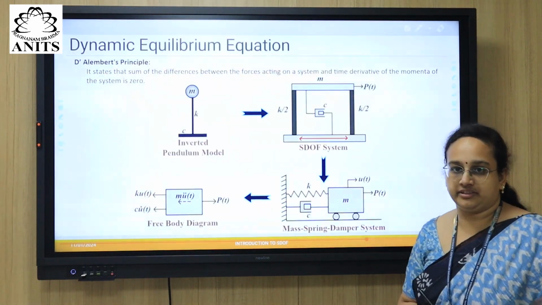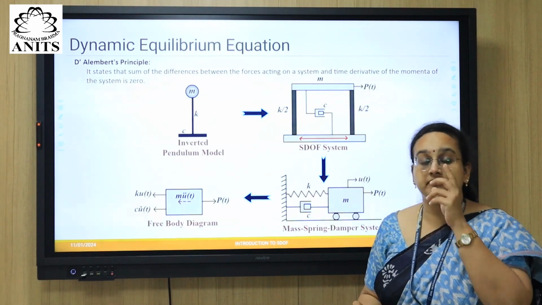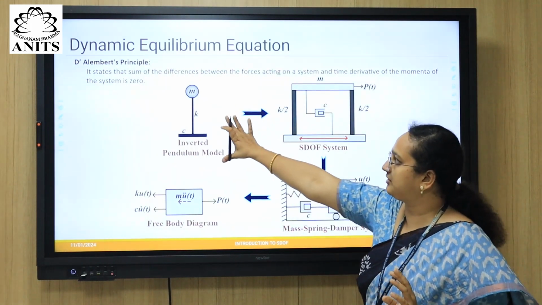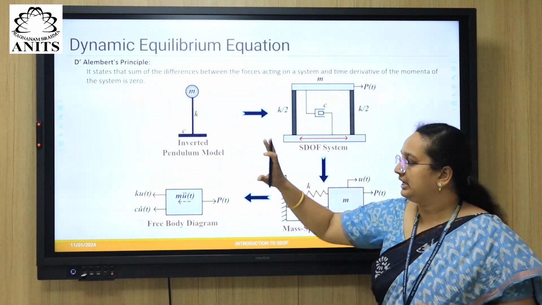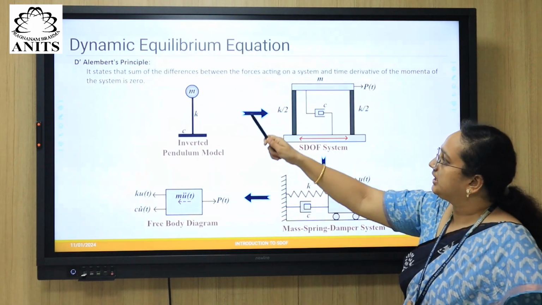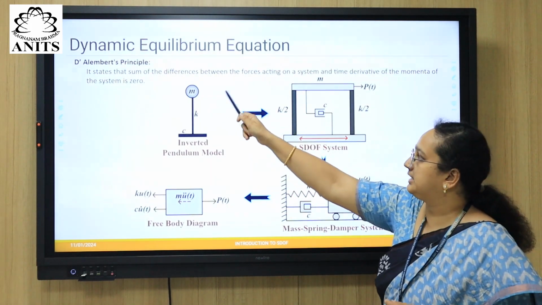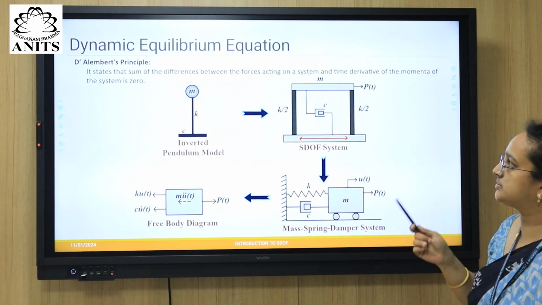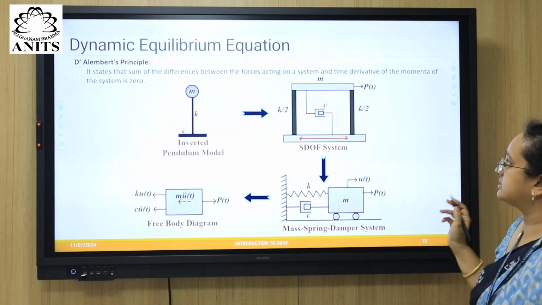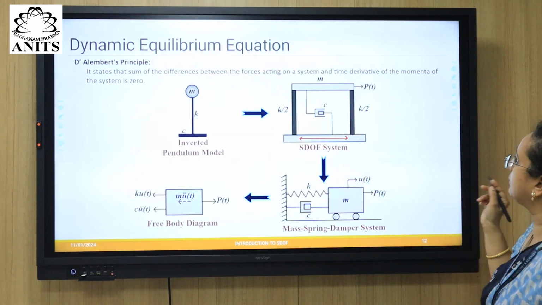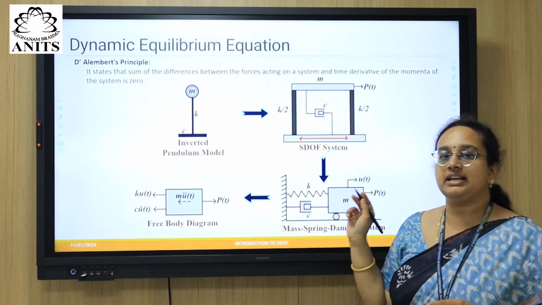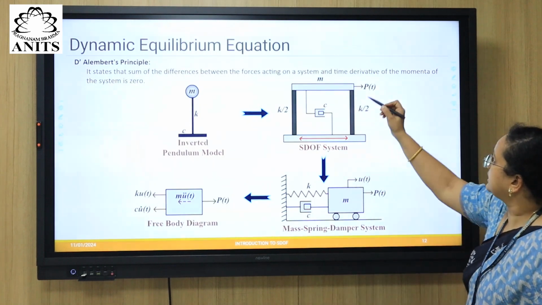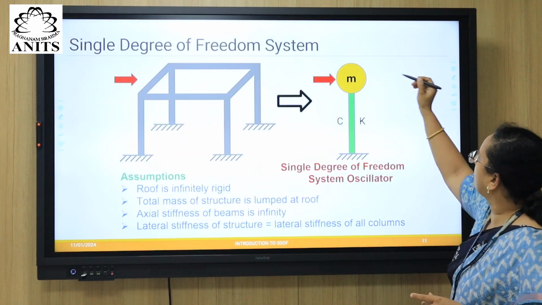Now if we discuss further how to analyze the forces that are getting developed in the simple pendulum or inverted pendulum model, right? We already know D'Alembert's principle, it states that the sum of the differences between the forces acting on a system and time derivative of the momenta on the system is 0.